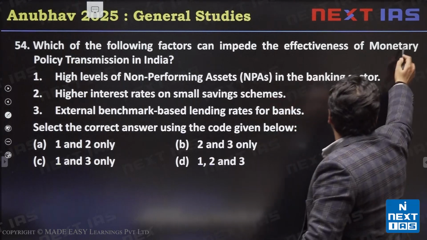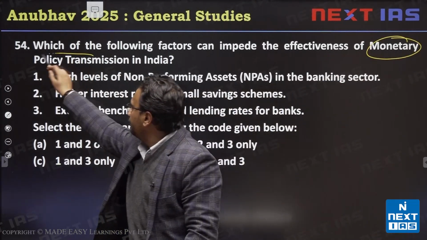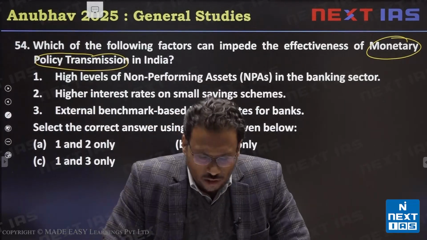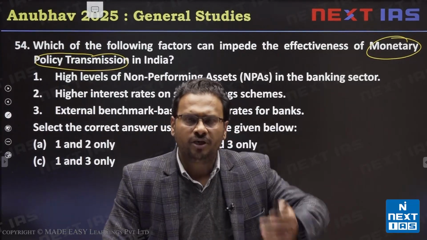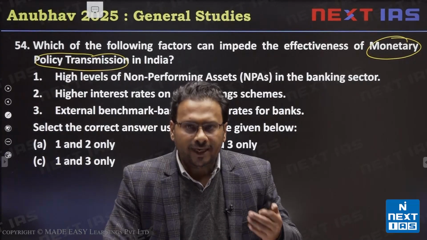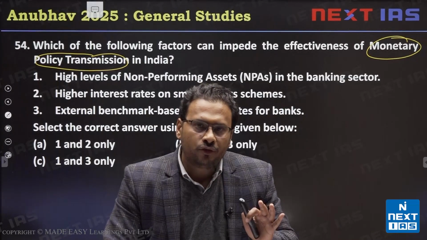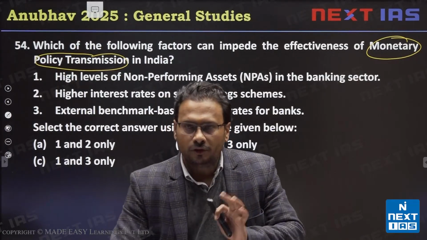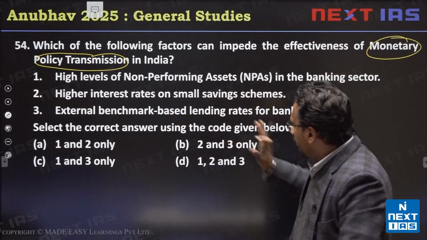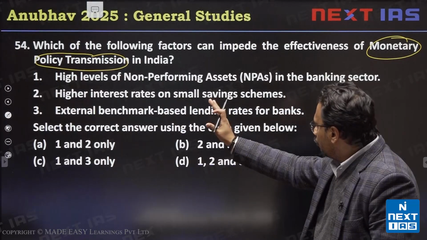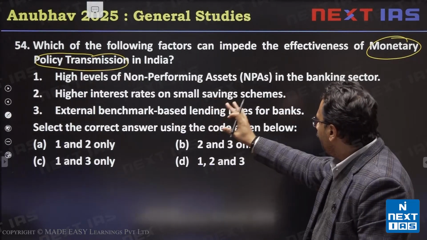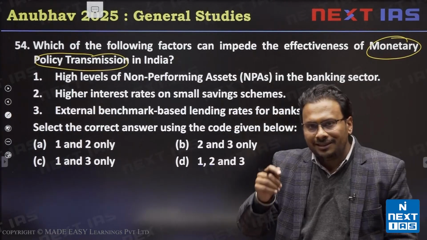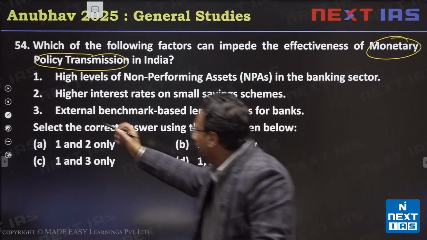Monetary policy transmission is the process by which monetary policy decisions impact economic growth and the associated inflation. Now let's take them one by one. A high level of non-performing assets in the banking sector will definitely lower the CRAR, so it has to be correct.